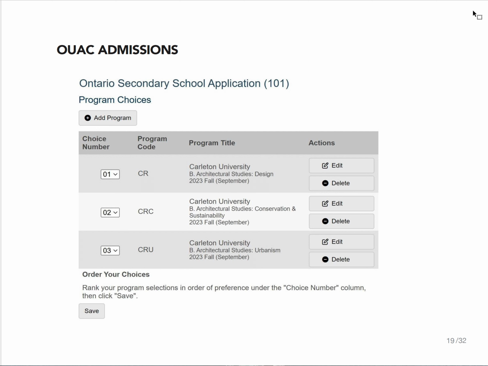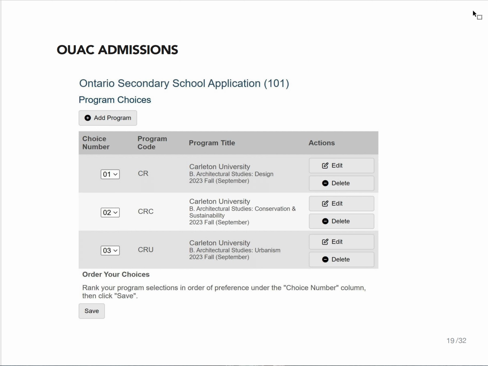Now, this is a really, really important stage because while you will only submit one portfolio for our application process, when I get all the portfolios at the beginning of March, the ones for urbanism will be given to the urbanism committee.